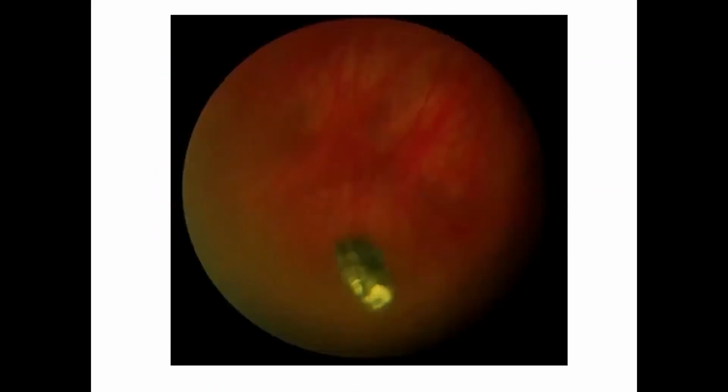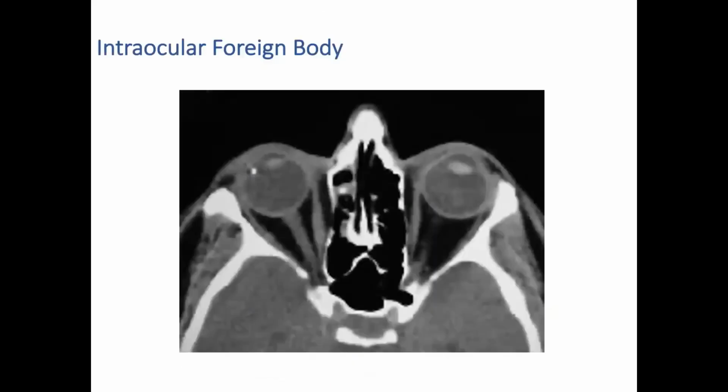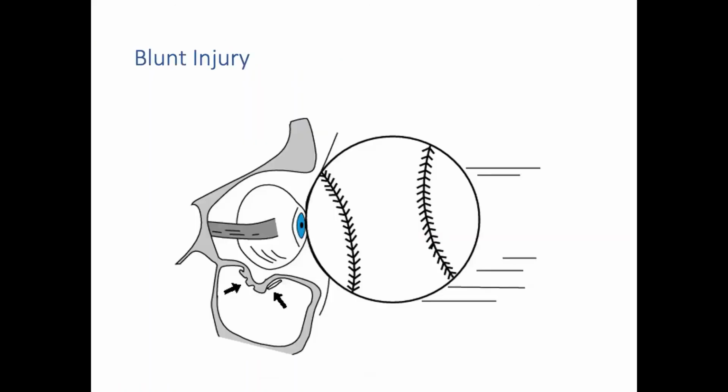So you've got to bear that in mind. Here is another image showing similar. In front of the eye, sometimes you can see the piece of metal. This is the X-ray showing it, and this is a CT scan showing a foreign body there on the patient's right.